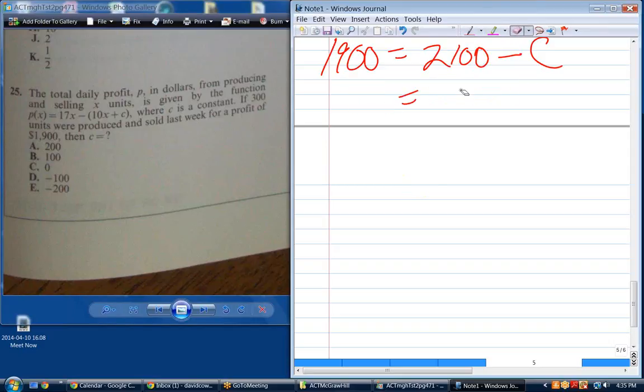Now, the way I would do that is I would move the C to the other side, making it positive, and then I would move the 1900 to the right side, making it 200.